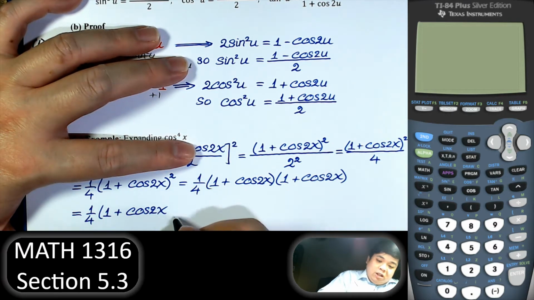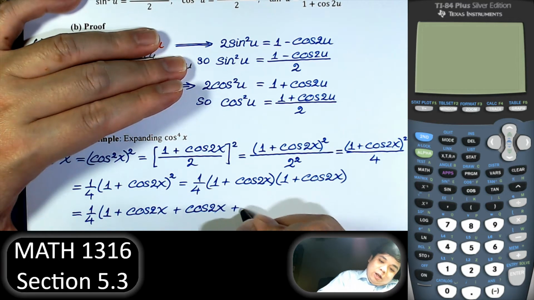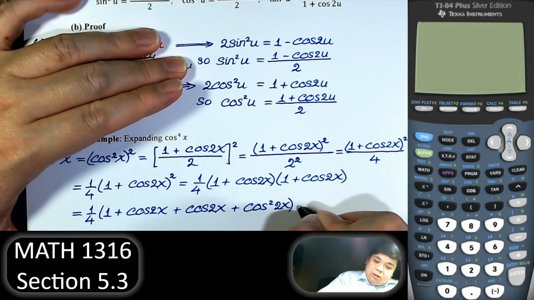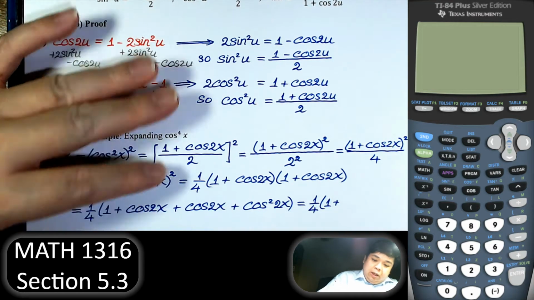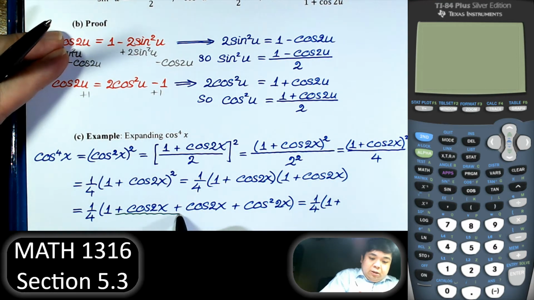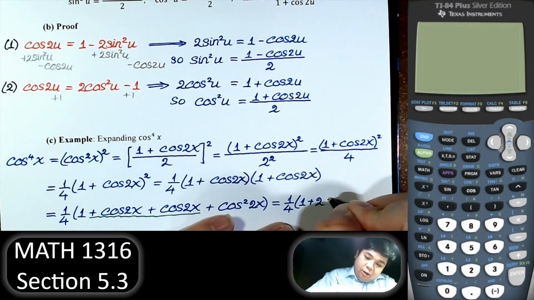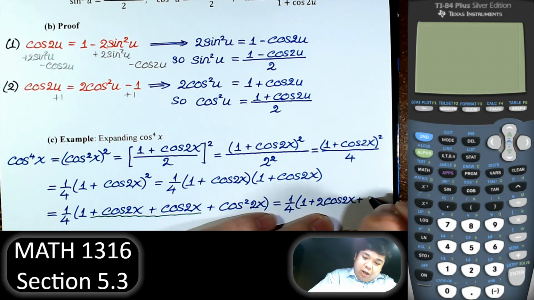And then cosine 2x times 1. And then cosine square. Combine like terms in the middle. And then we have cosine square.